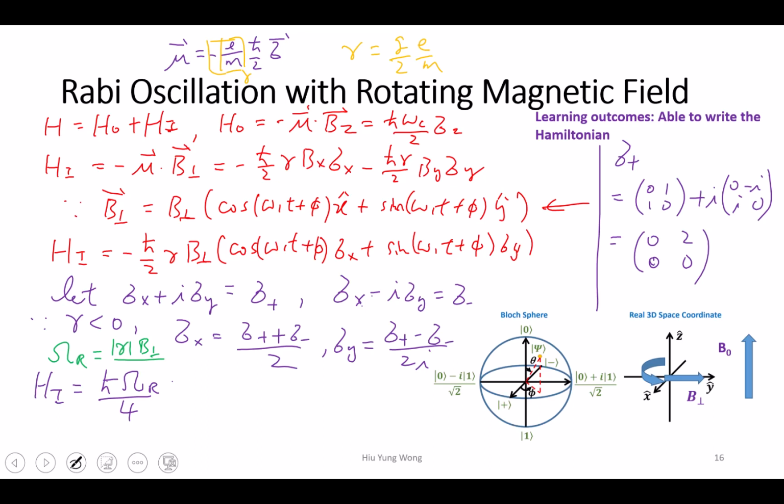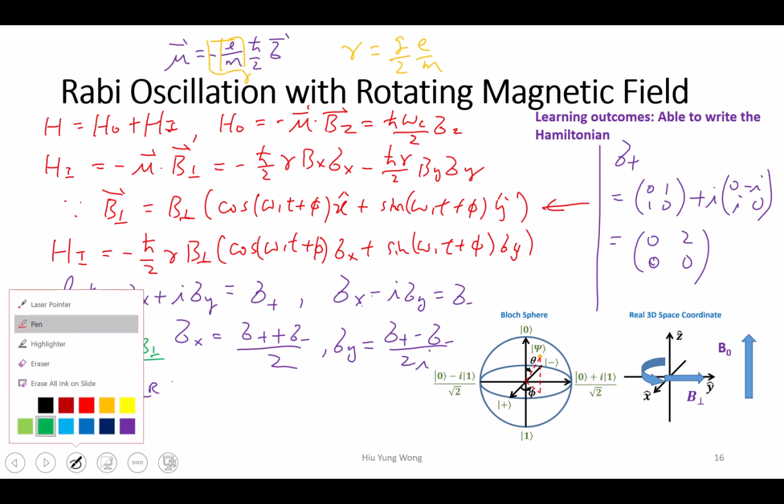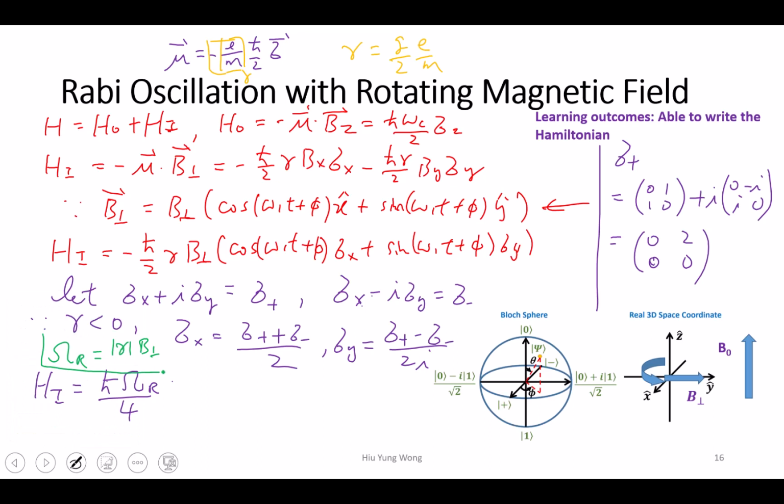No, I did not divide by 2, just this one. This is omega r, a new Rabi oscillating frequency, which we will look at more. What I do is just substitute gamma times B perpendicular to be omega r. I take the absolute value because gamma is less than 0, so this becomes positive, and I remove the negative sign also. Okay?